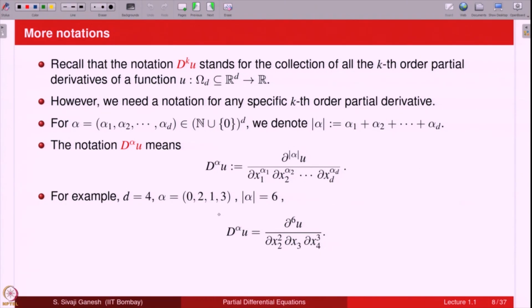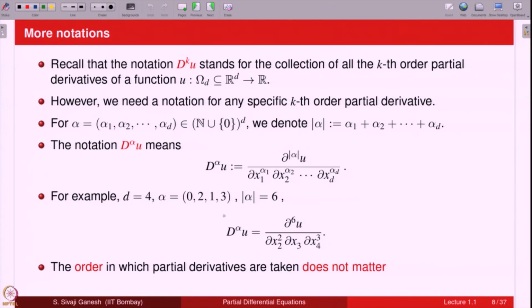So, there is room for confusion because we are using D^k u at the top of the slide to stand for the collection of all kth order partial derivatives, and here also D^alpha u to denote this particular partial derivative. But there should be no reason to be confused, because this D^k u makes sense only when k is a natural number. This D^alpha u makes sense only if alpha is a d-tuple of whole numbers. So, there is no room for confusion here.